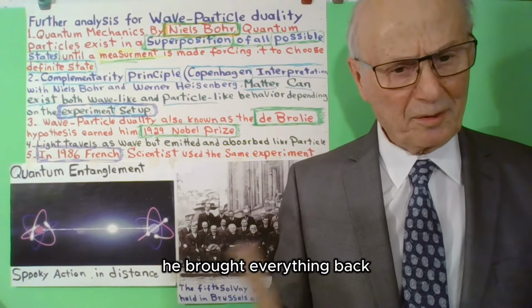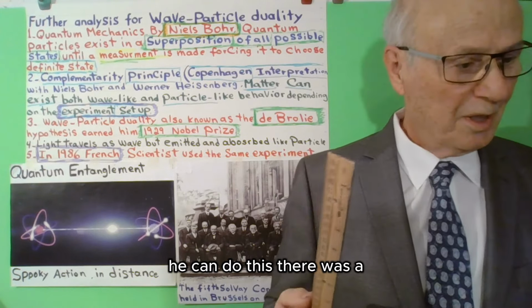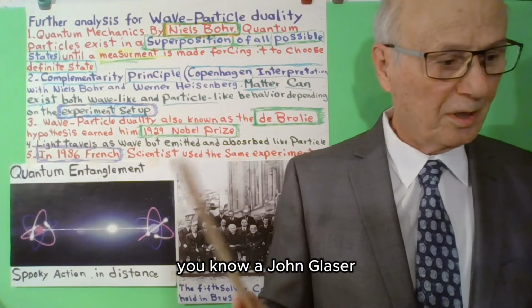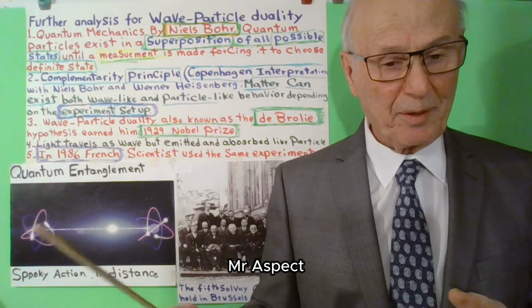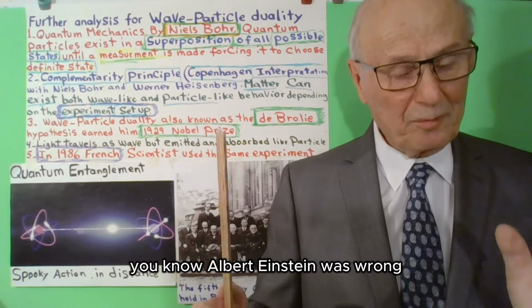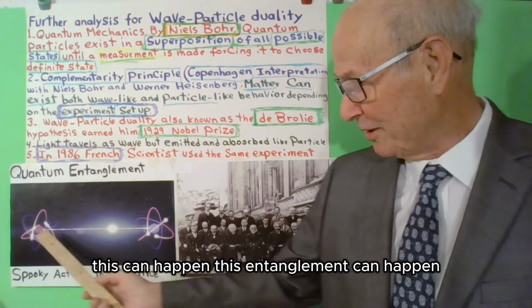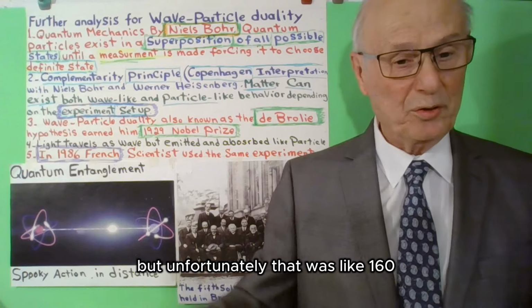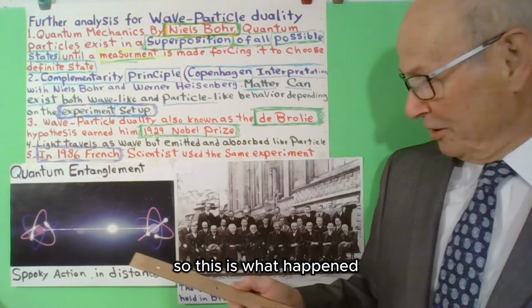He brought everything back, and then he realized in his own lab he can do this. There was John Clauser, and then there was another scientist called Mr. Aspect. So they did this in their lab, and they proved that Albert Einstein was wrong. This entanglement can happen, but unfortunately, that was like 160, 70 years after that.